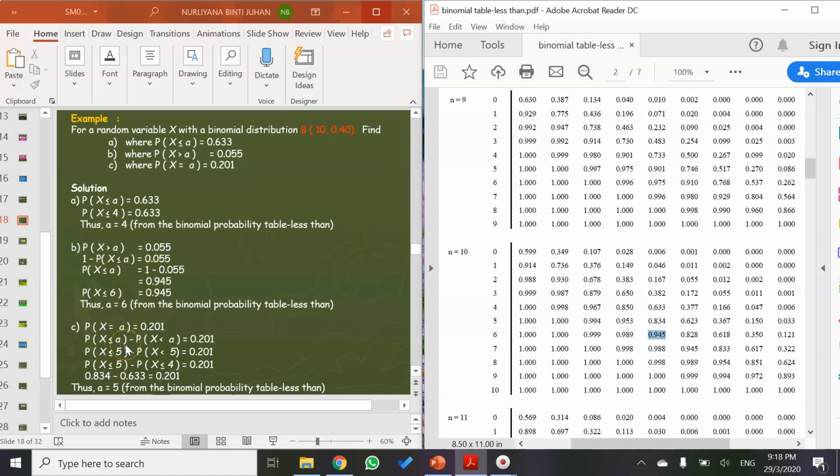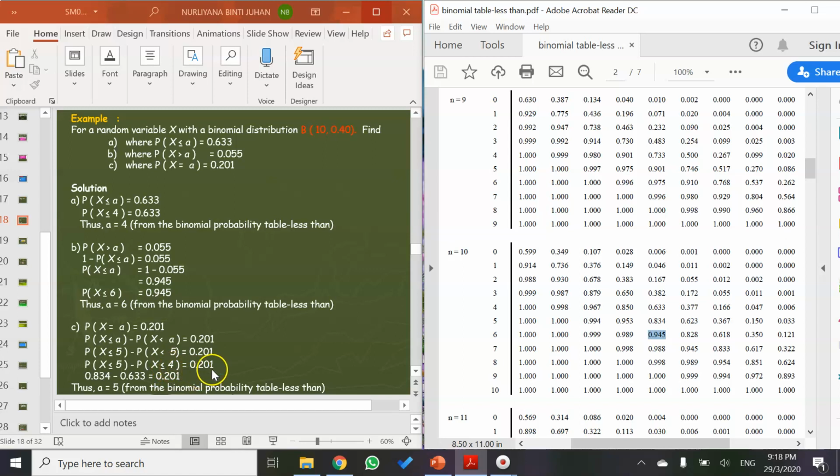Let's do trial and error. Okay, let's say this is 5. So a equal to 5. This one also equal to 5. But again, probability X less than or equal to 5, and then X less than 5 means X less than or equal to 4.